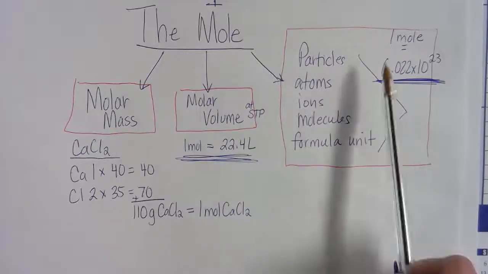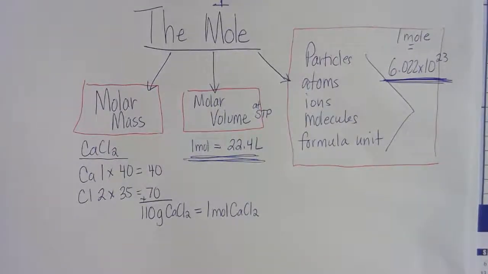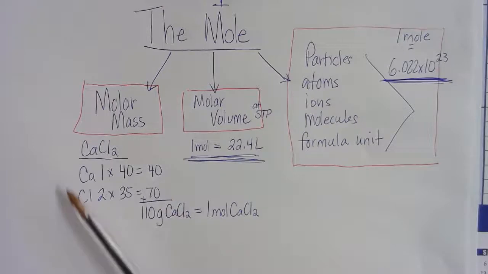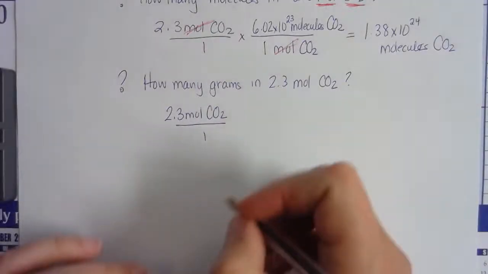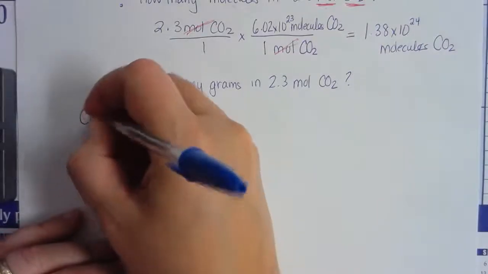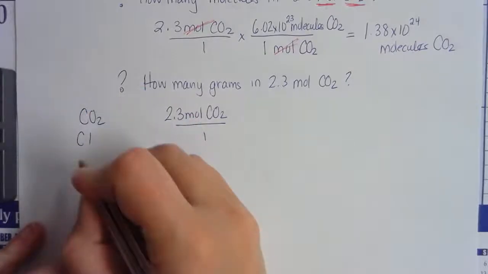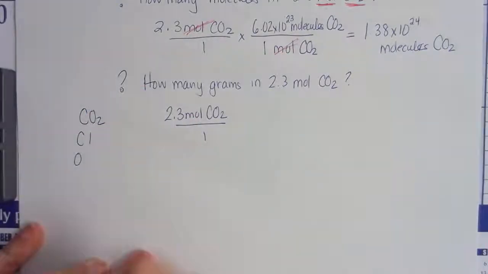This, or this? Molar mass. Right, we're going moles to grams. So we're going to use the molar mass. We have to do this process for our substance. So let's set it up and solve it. I'm going to solve it over here. So CO2. How many C's? 1. So C, there's 1 of them. How many O's? 2. Look up the masses.